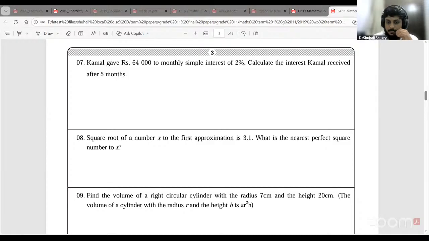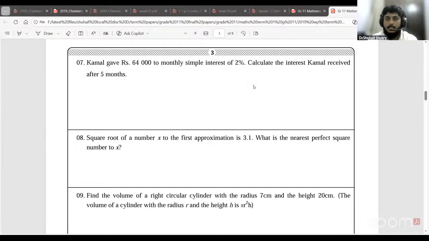Now, let's discuss. Guys, see this part.